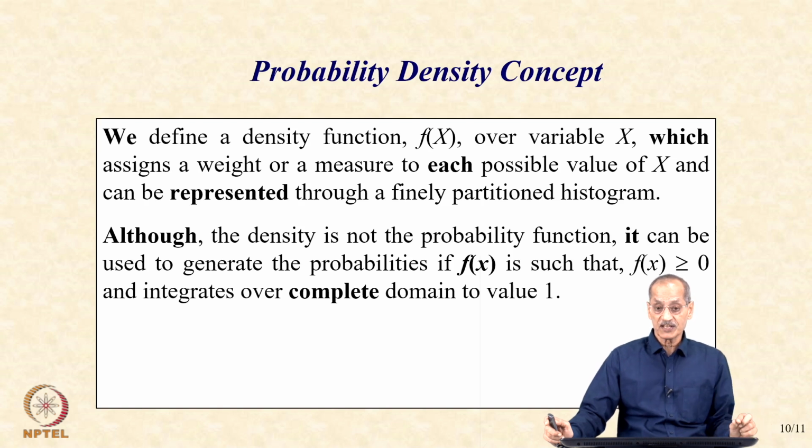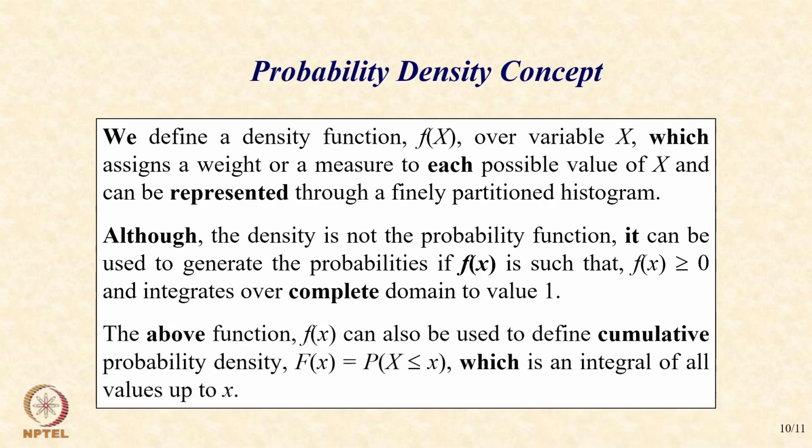So, if it satisfies these two conditions, that it is non-negative and its sum total adds up to 1, then this same function can be used as a probability density function and can be used to generate probabilities through integration.